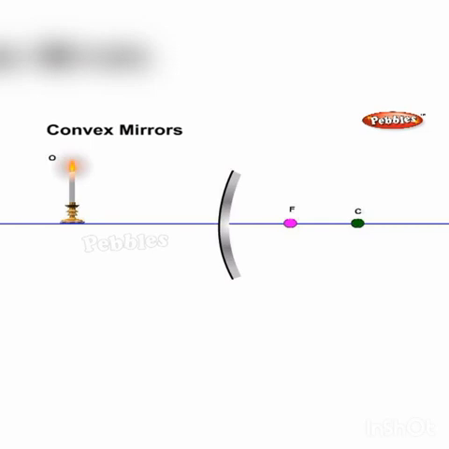Let's look at an example using the 3 rules covered above for concave mirrors. The only difference is that I will extend the rays behind the mirror as dotted lines to be able to show how they pass through the focal point or through the center.